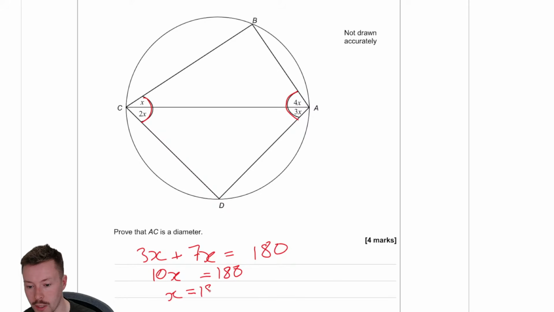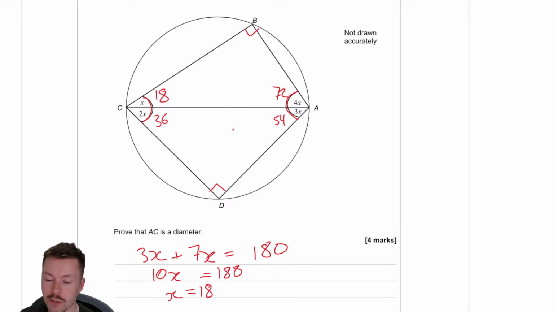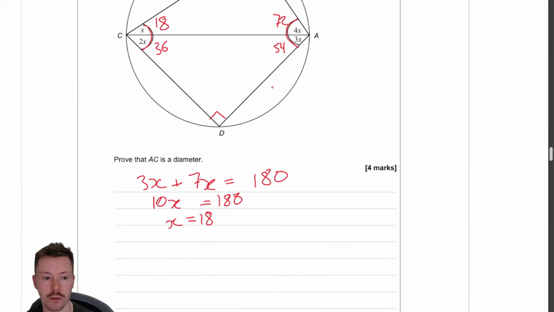X is equal to 18. So that's 18 there. 4 lots of 18 is 72. 2 lots of 18 is 36. 3 lots of 18 is 54. Now if you add those together, for both you get 5x. 5 times 18 is 90. So this is a right angle. As there's a right angle at D, AC must be a diameter of the circle because the angle in a semicircle is 90 degrees, or words to that effect.